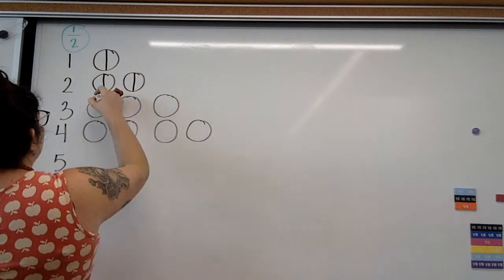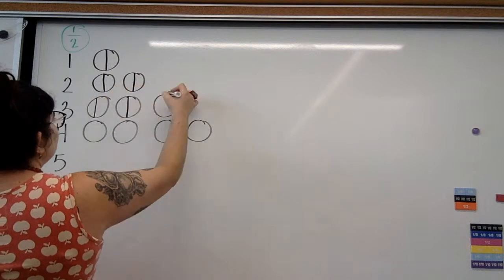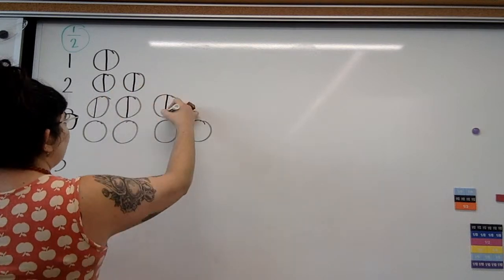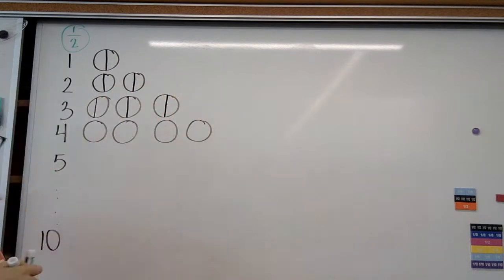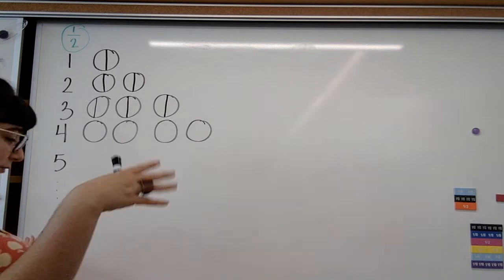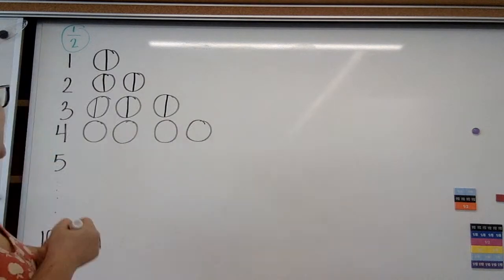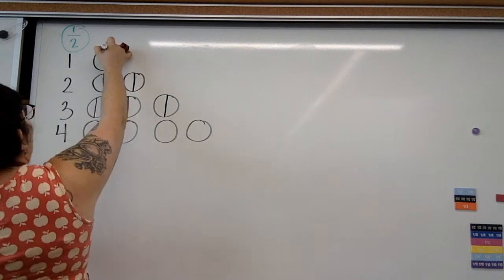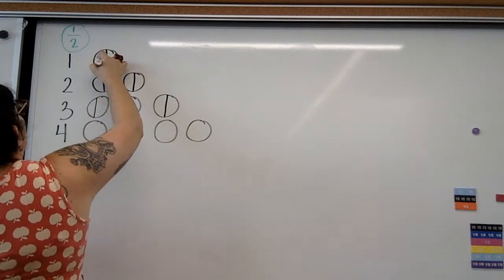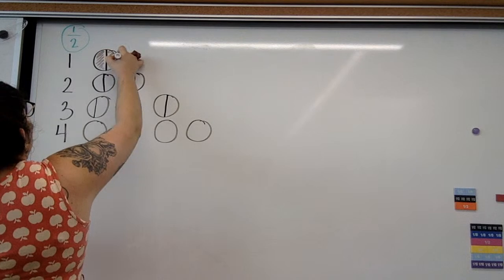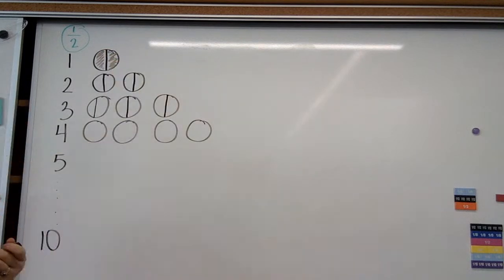If I have 3 wholes and I cut them in half, and so on and so forth. We could really show this using any number, even beyond 10, right? We can count forever and cut all those numbers in half. And really, we're not doing anything. We're not adding, we're not subtracting. We just want to show how many halves are in these whole numbers.